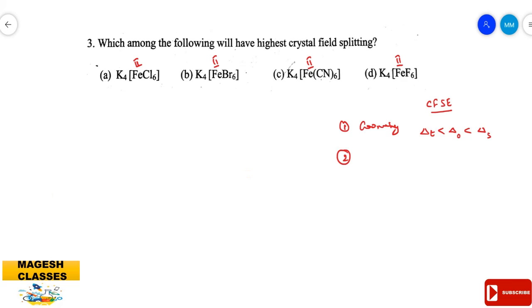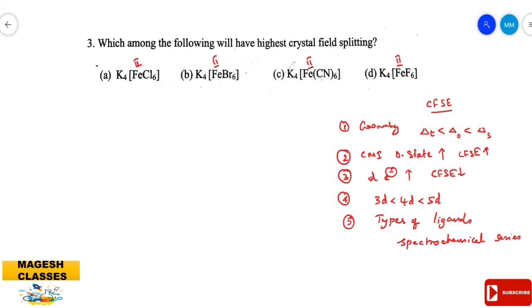Then from oxidation state, as the central metal ion oxidation state increases, the CFSE also increases. Third, as the d electrons increase, the CFSE also increases. Fourth, the size of the d orbital, in the increasing order of 3d, 4d, 5d. As the size of the d orbital increases, the CFSE also increases.